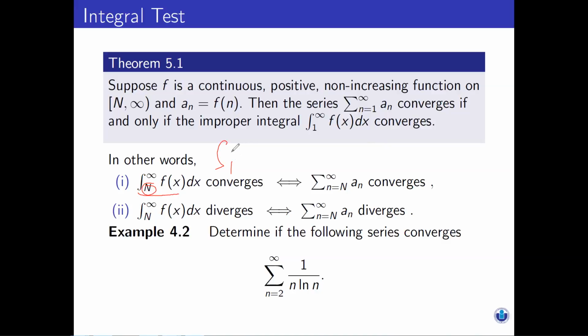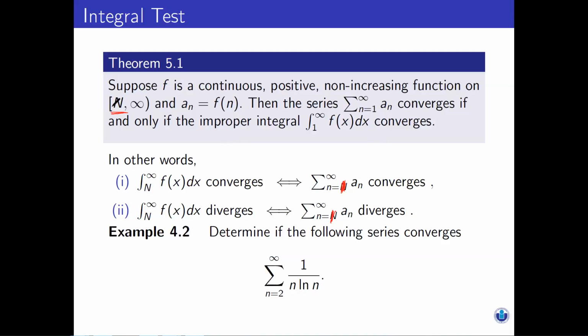I think there is a slight inconsistency here. The series starts at 1, so sorry, this is 1. So you see that you only require that a_n is equal to f(n) after some capital N.